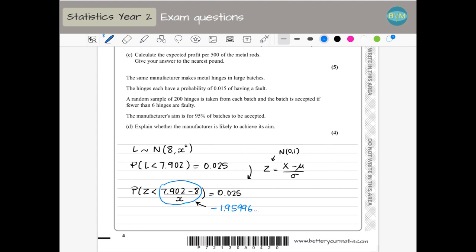And now we have an equation with x that we can solve. Our equation is just going to be 7.902 minus 8 divided by x is minus 1.96. And from here, x is 0.05 to 2 decimal places. That's what we have to try to prove.